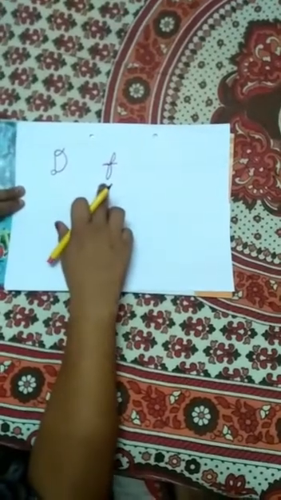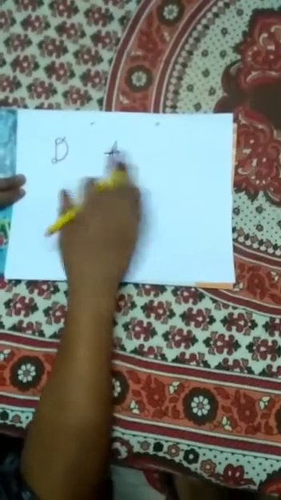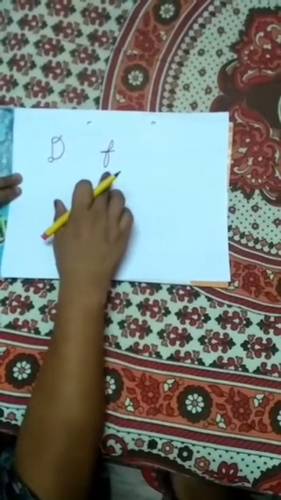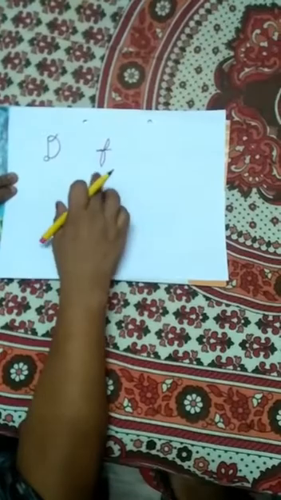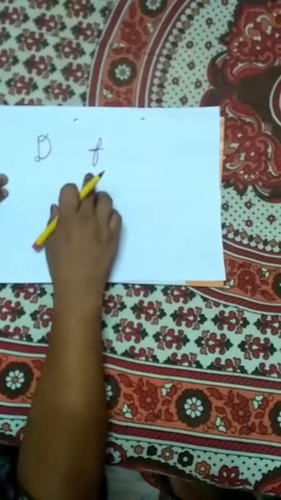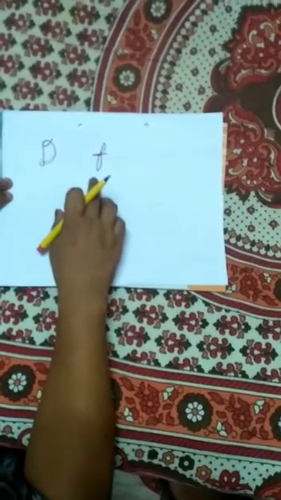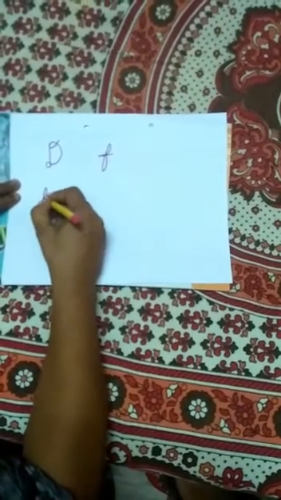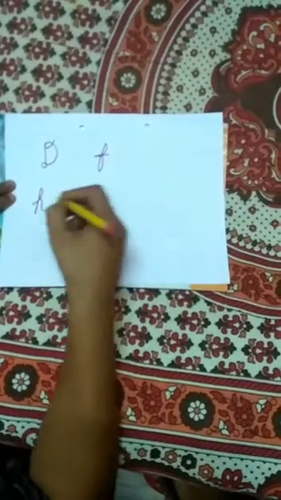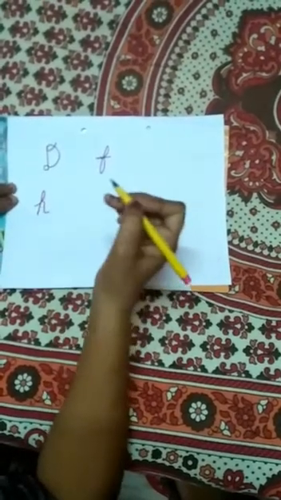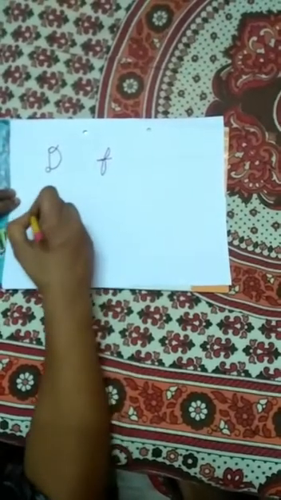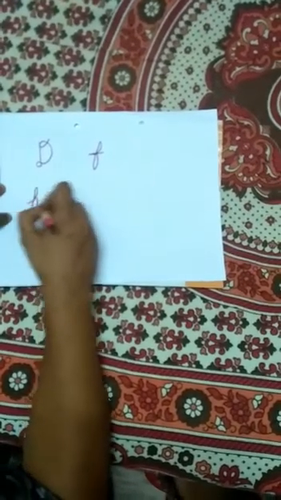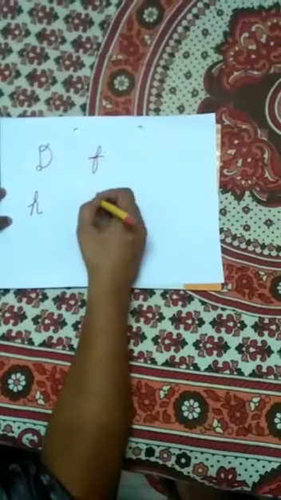Now, what is this? F. Speak with proper pronunciation. This is small f. Right? Okay. What is this? H. Small h.